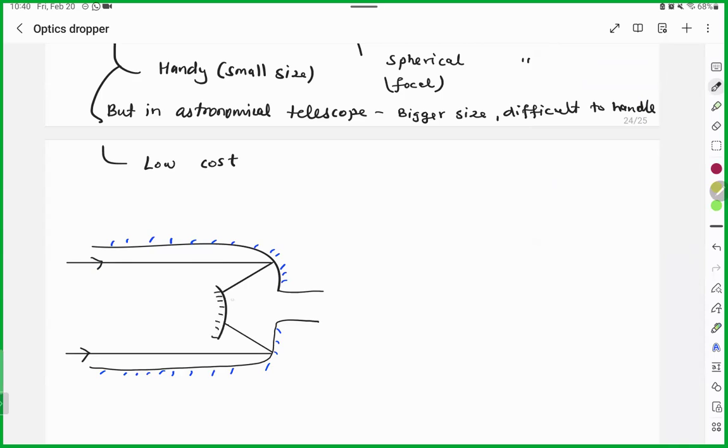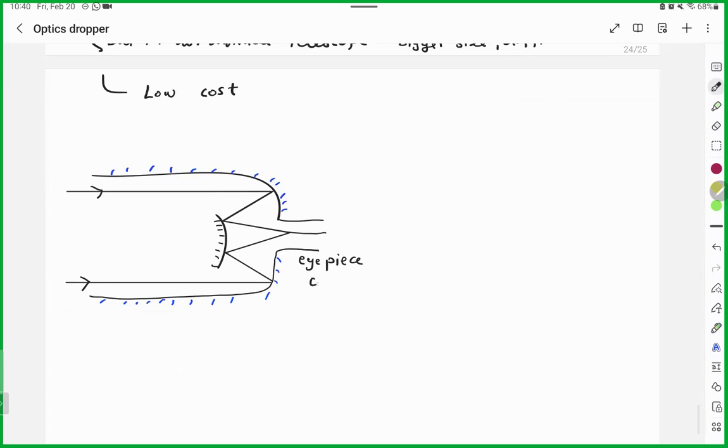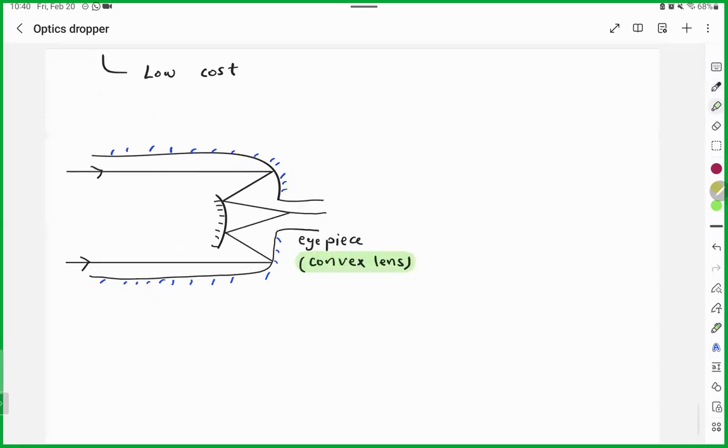What will happen in this case? All light will be focused at one point. See, your same image will be formed at one point, and this is your eyepiece. Here you have the eyepiece, which contains a convex lens. Important. Other than that, you have the objective mirror, where your light falls.